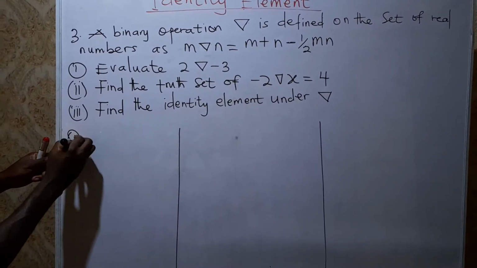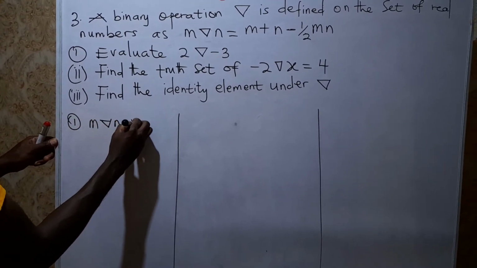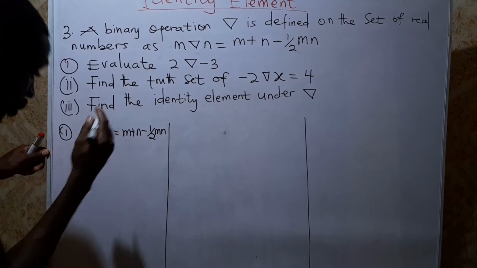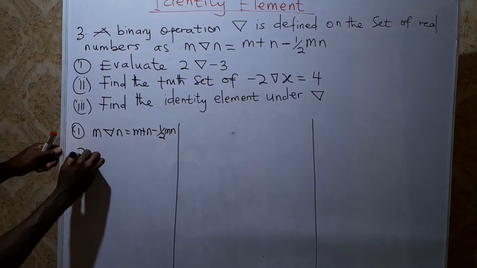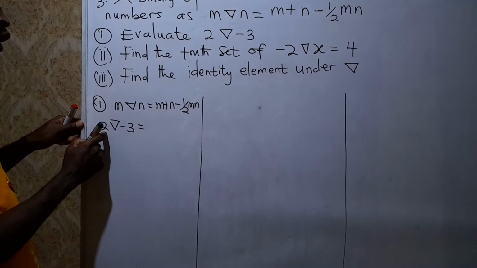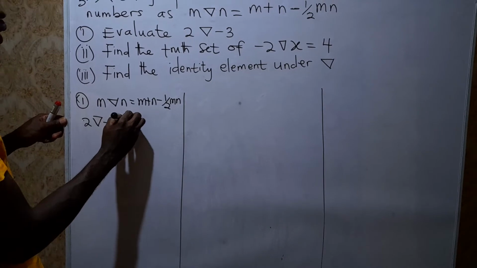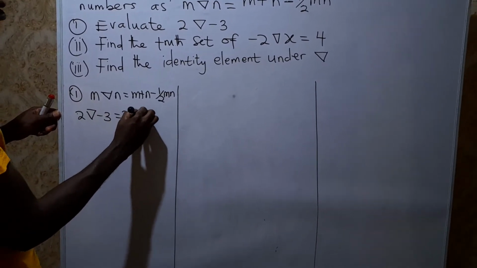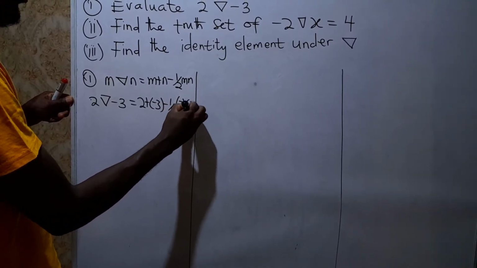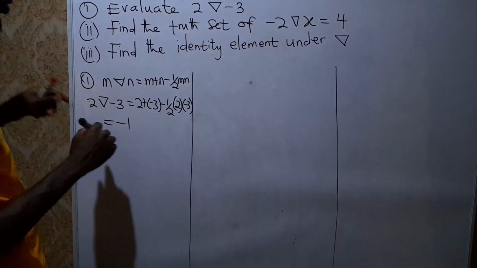So we'll solve our first one. Remember, m operation n is equal to m plus n minus half mn. If we are asked to evaluate 2 nabla negative 3, it means any place we see m we substitute 2, and n we substitute negative 3. So this will be 2 plus negative 3 minus half times 2 times negative 3. 2 plus negative 3 will be negative 1.